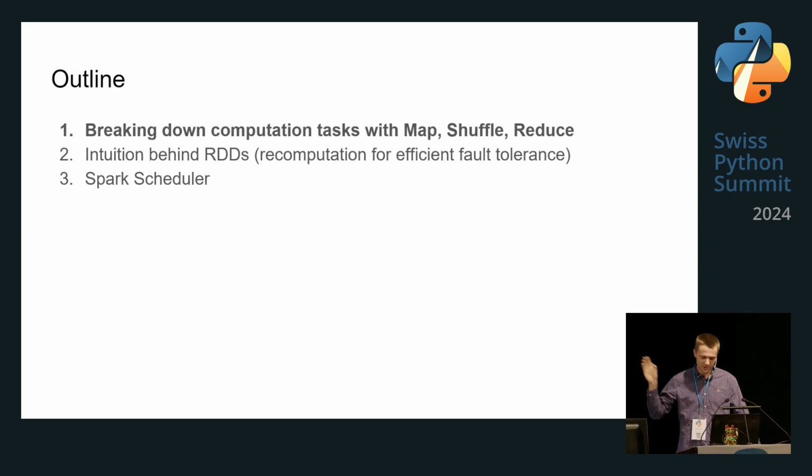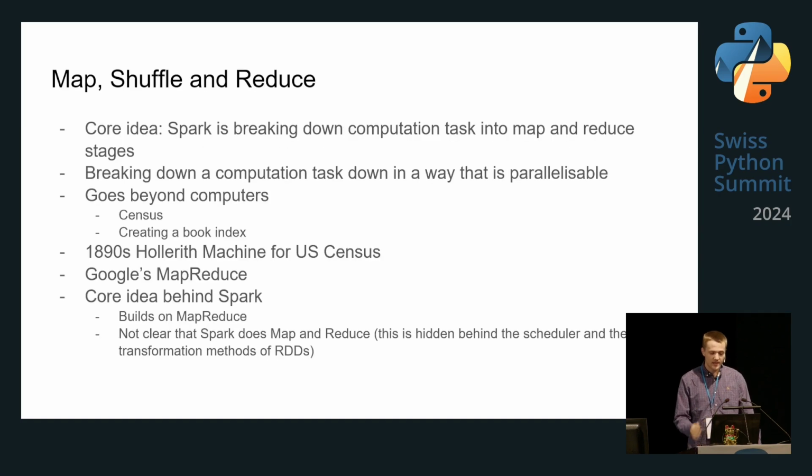So to start with, I'm going to talk about how map, shuffle, and reduce is behind Spark. The first thing to say is that Spark is just another in a long line of computation frameworks that breaks down tasks into map and reduce.